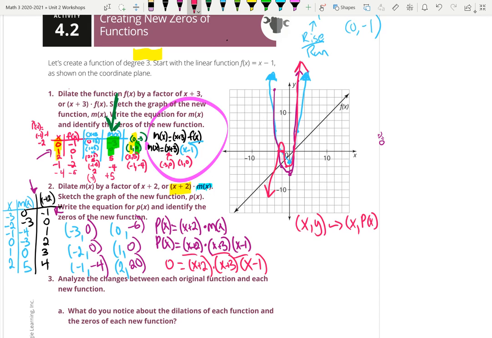We have chosen to let p of x be 0, so all of my x-intercepts are going to have a y value of 0. It's up to me to figure out the x part of each. What is the first one? What number plus 2 equals 0? The second part, what number plus 3 equals 0? The final part, what number minus 1 is 0?